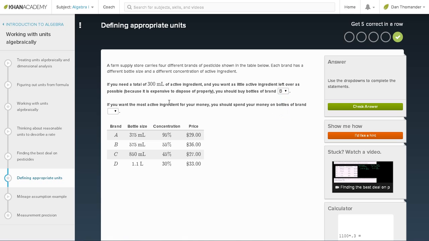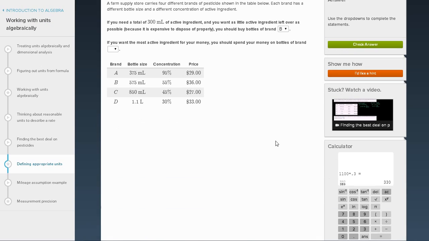Now it says if you want the most active ingredient for your money, you should spend your money on bottles of brand blank. Aha. So what we need to do is figure out how much active ingredient we get from each bottle and divide it by the money. So how would we do that? Well, I would take my bottle size times my concentration, and then divide it by the price.